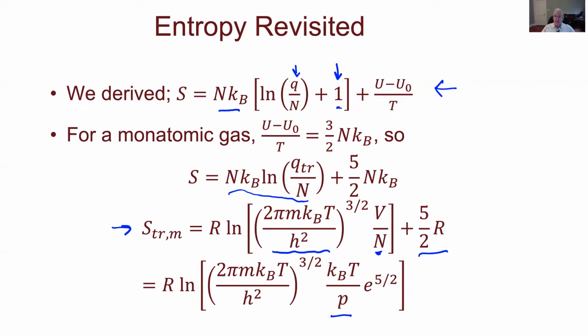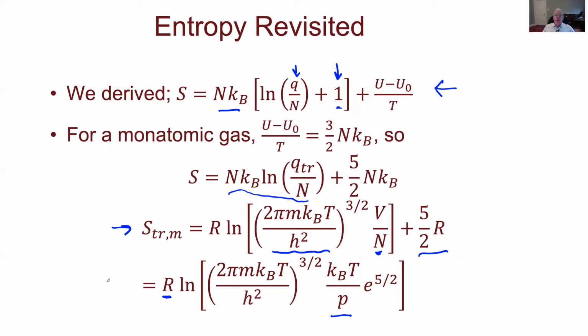If I pull that inside, I get e to the 5/2, and that's what gives me the same expression as above, because the R is out in front here. If you're not immediately convinced of that, take a moment and remember how to juggle your exponents and logarithms, and you should be able to see that you get from the second line from the bottom to the last line when you take that term inside, okay?